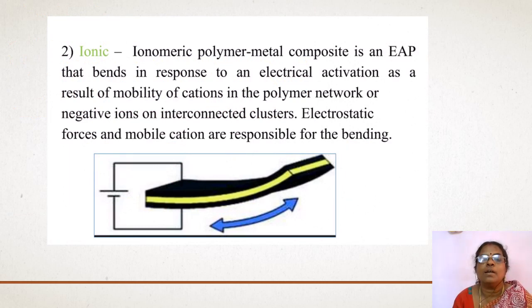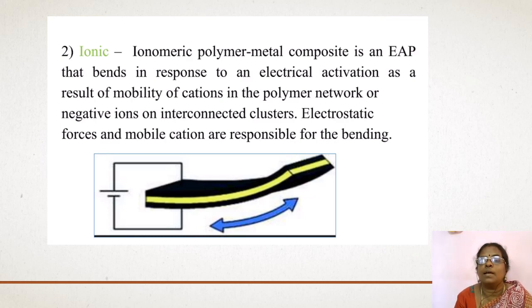Ionic variety: the ionomeric polymer metal composite is an EAP that bends in response to electrical activation as a result of mobility of the cation in the polymer network or negative ion in the interconnected cluster. See, in the material we have anions and cations.